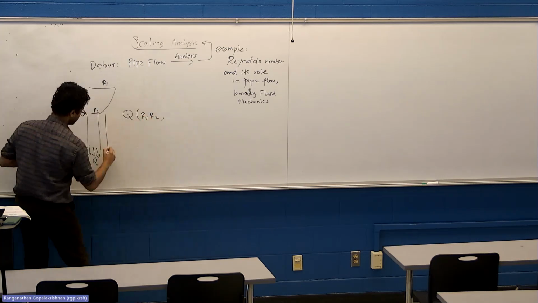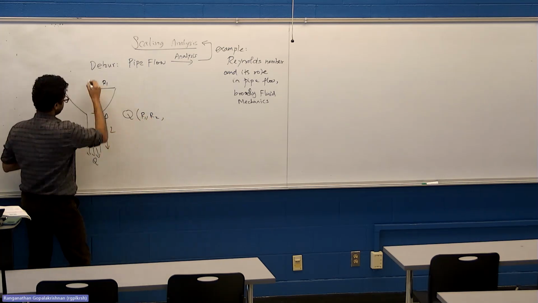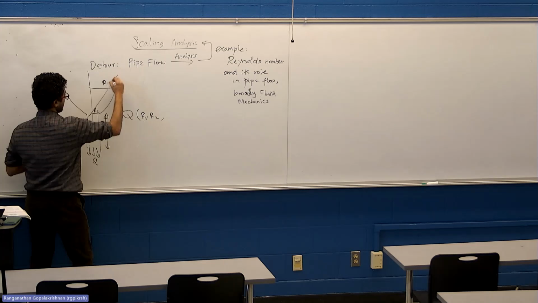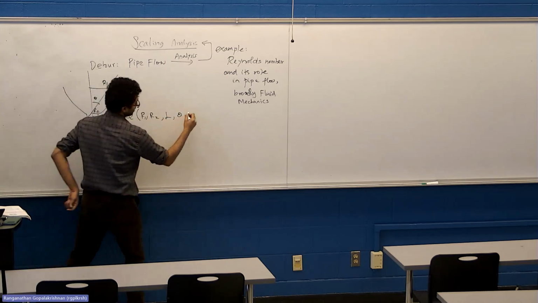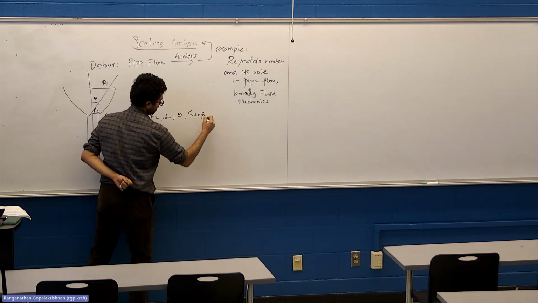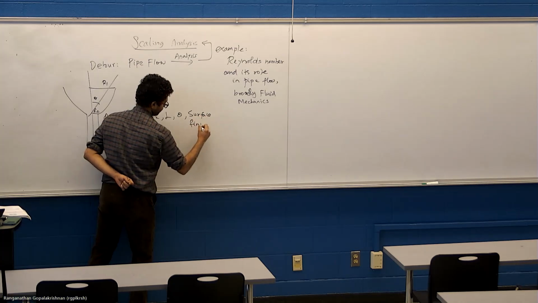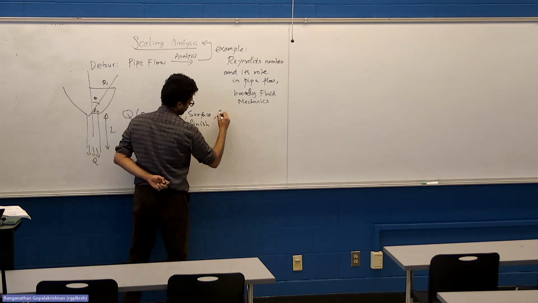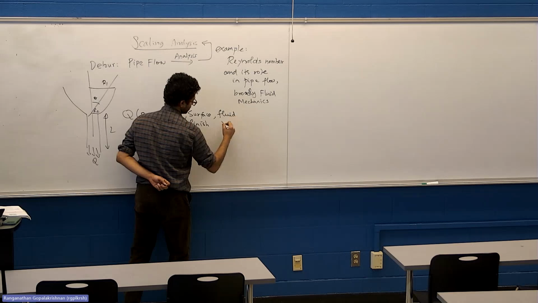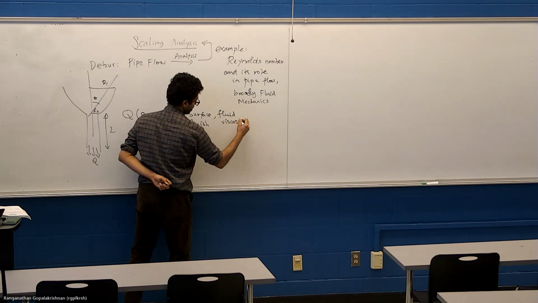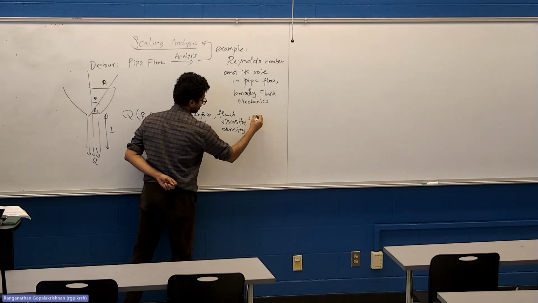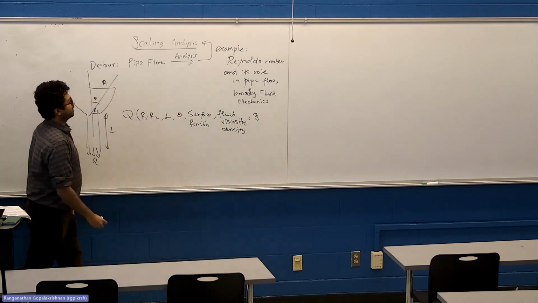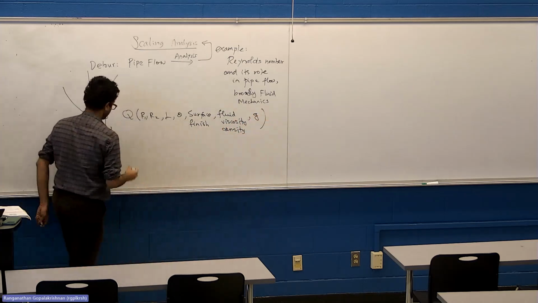It depends on the length. It depends on the curvature or angle, theta. It depends on surface finish or material. It depends on fluid properties such as viscosity, density. It depends on g.